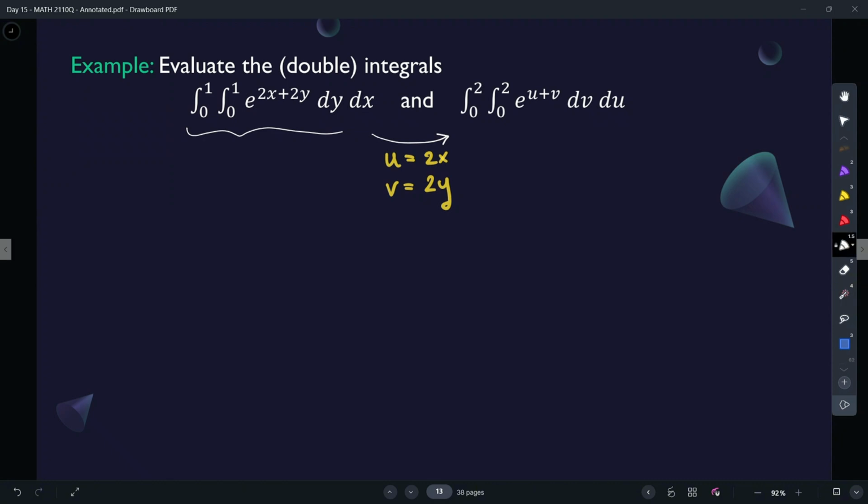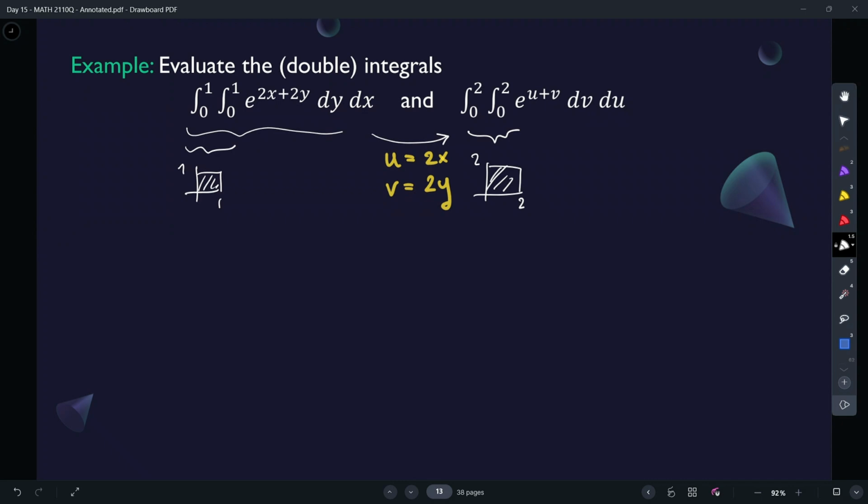So I actually have to figure out what region is mapped to what region. This region is the square of side length 1. And we saw that the new region of integration is a square of side length 2. And that is what this is doing. That integral in u and v is telling me I'm going to integrate over the entire square of side length 2.